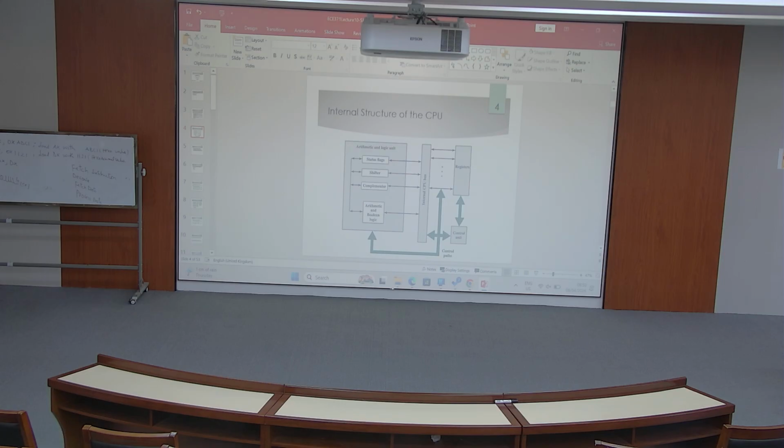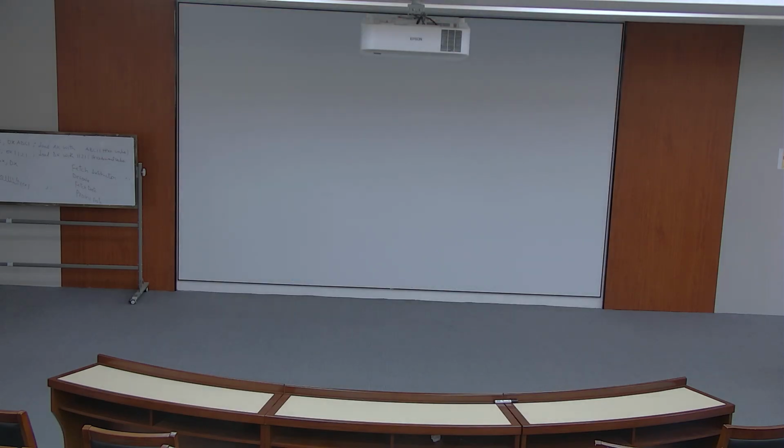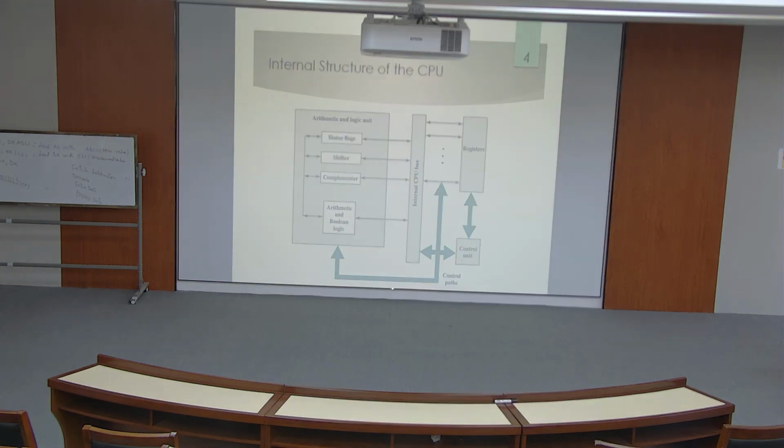We have the arithmetic logic unit, which performs arithmetic and logic operations. Then we have the shifter, which is a component of the arithmetic logic unit, there to perform bitwise shift operations on data, like shift right or shift left.